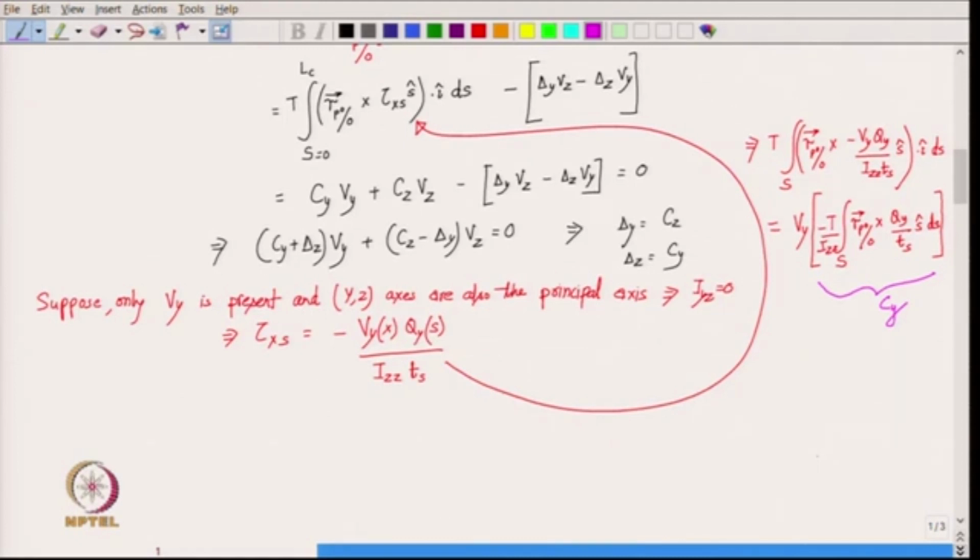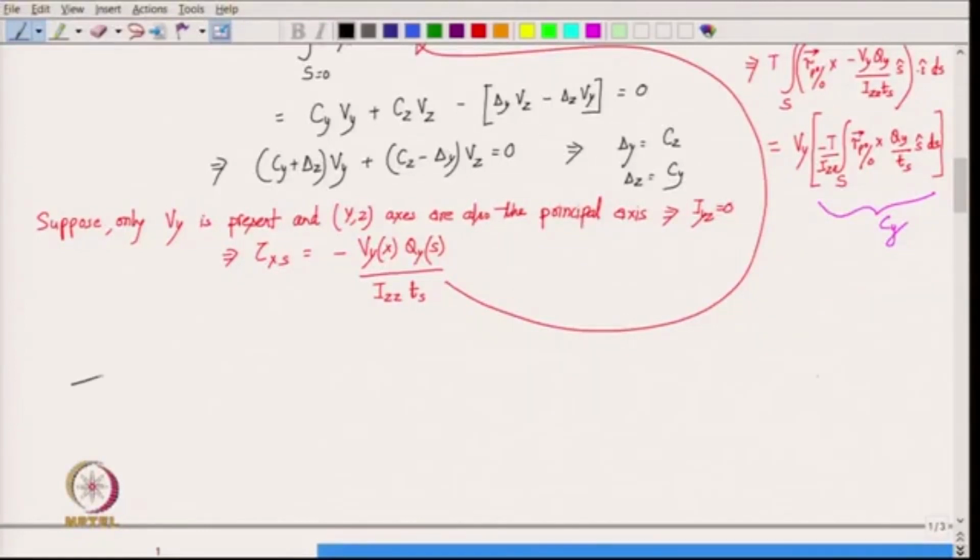So, just to give a recap, shear center is the point about which the torque due to shear stress distribution vanishes. You know, it has another interesting property. Think of a beam with an unsymmetrical cross section. Okay.